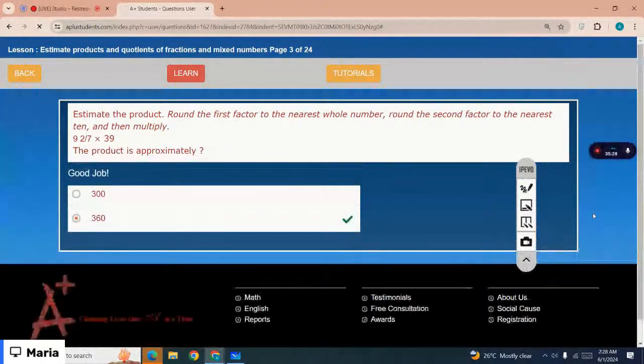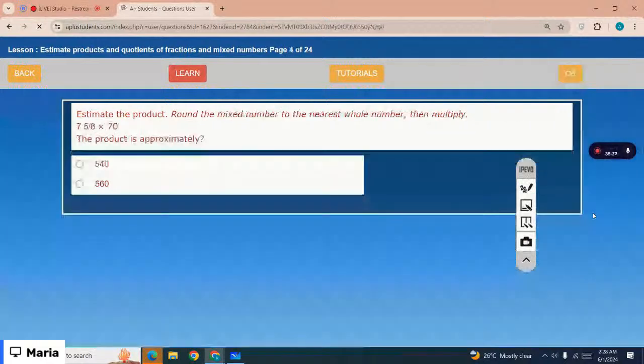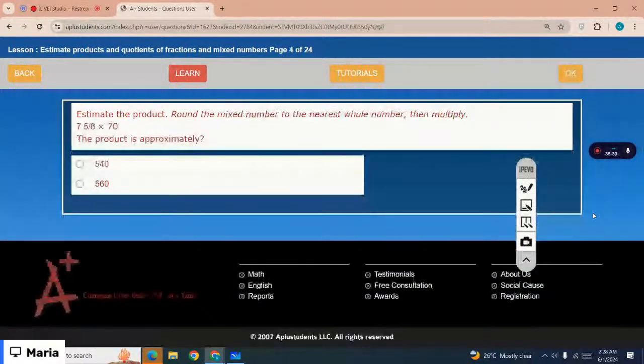The next one is 7 whole 5 by 8 times 70. So how do we round off?